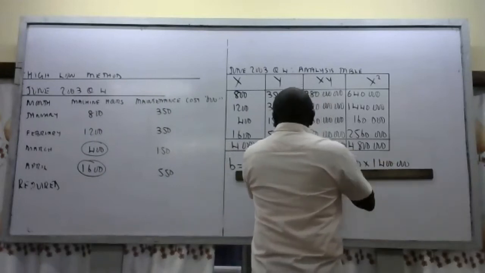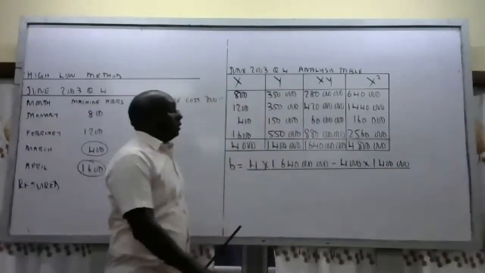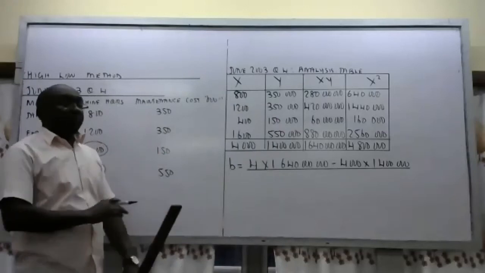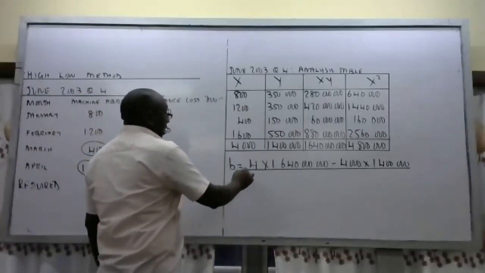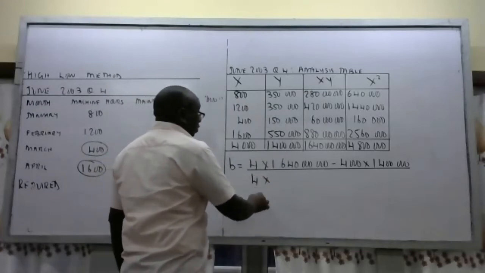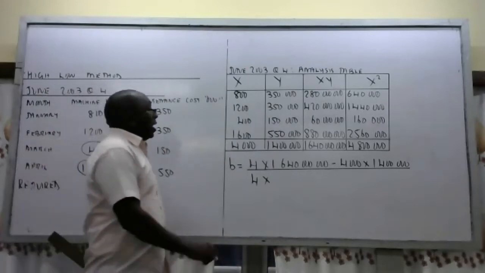Now you divide that way, so that you tell us N, which is 4, multiplied by sum of X squared.